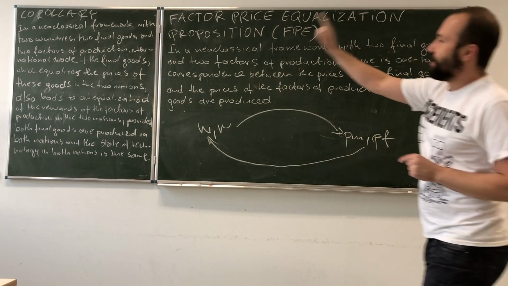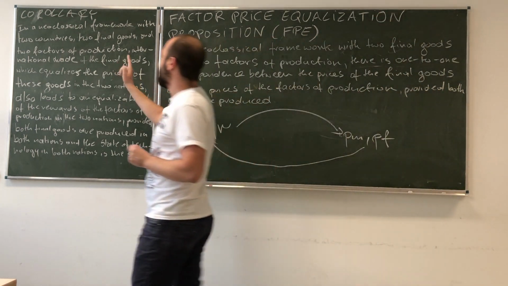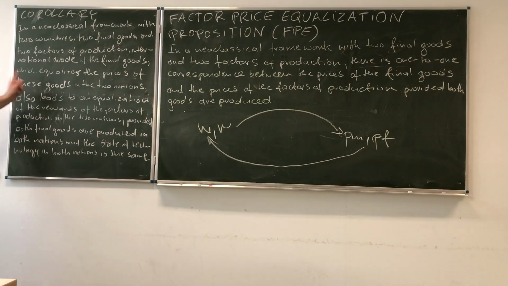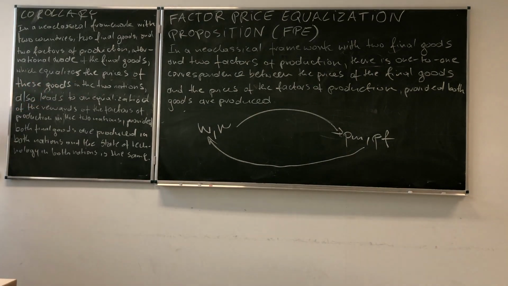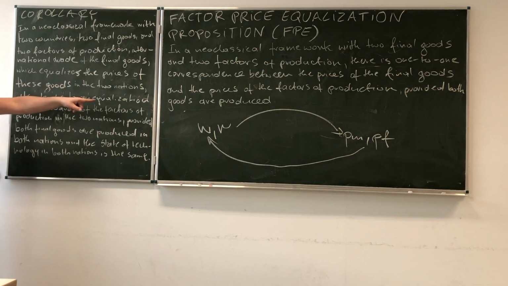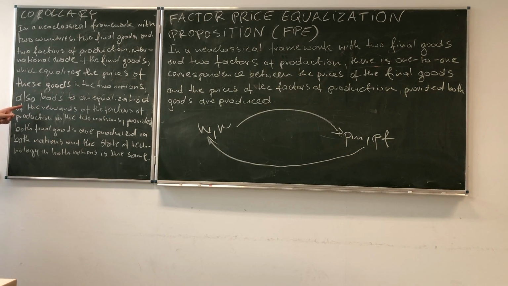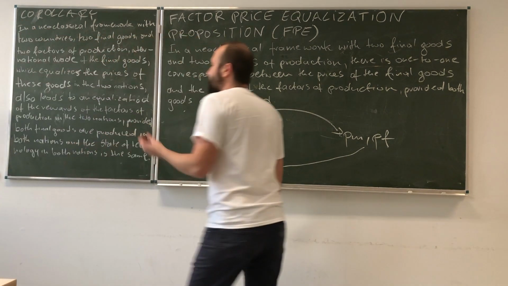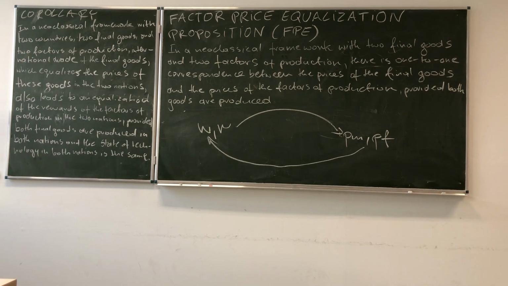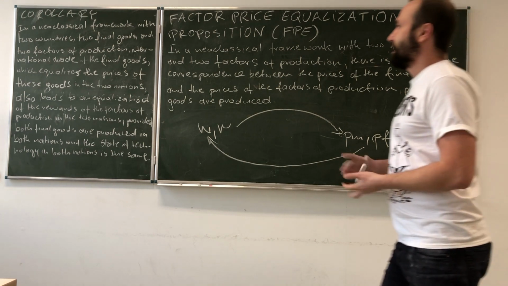So, international trade of the final goods, which equalizes the prices of these goods in the two nations, also leads to an equalization of the rewards of the factors of production in the two nations, provided both final goods are produced in both nations and the state of technology in both nations is the same. Okay, now it starts to make sense.